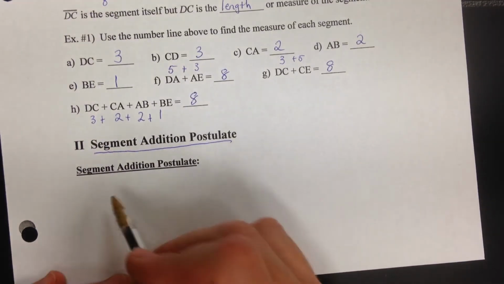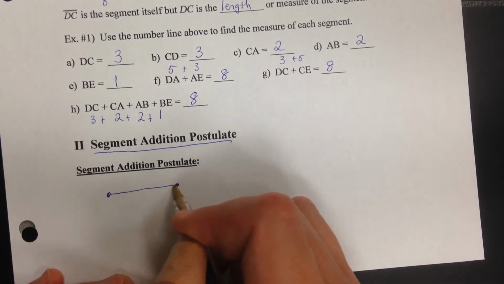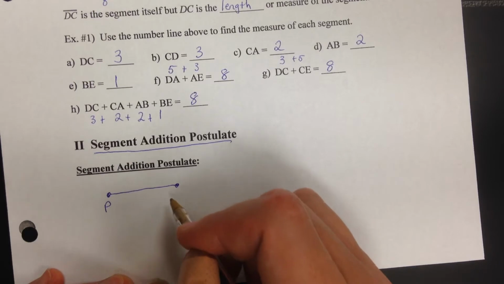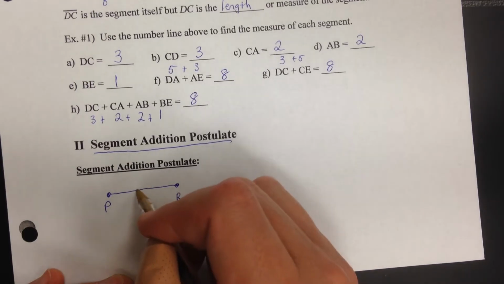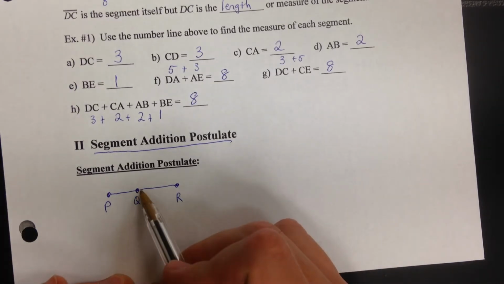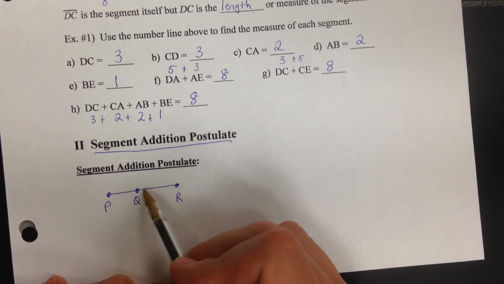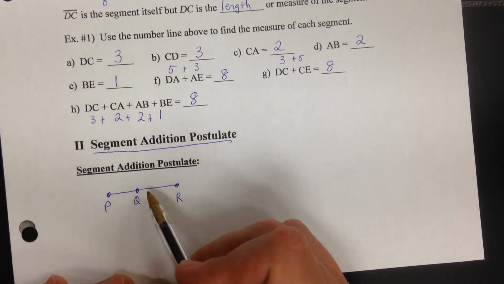So the first thing we'll do, we're going to put a little picture here. So if I have a segment, and I'll name that P and R, and then I'll put Q somewhere in between. Now, it's not the middle. I'm not going to assume that that's the midpoint. We don't know that. It's just somewhere in between.